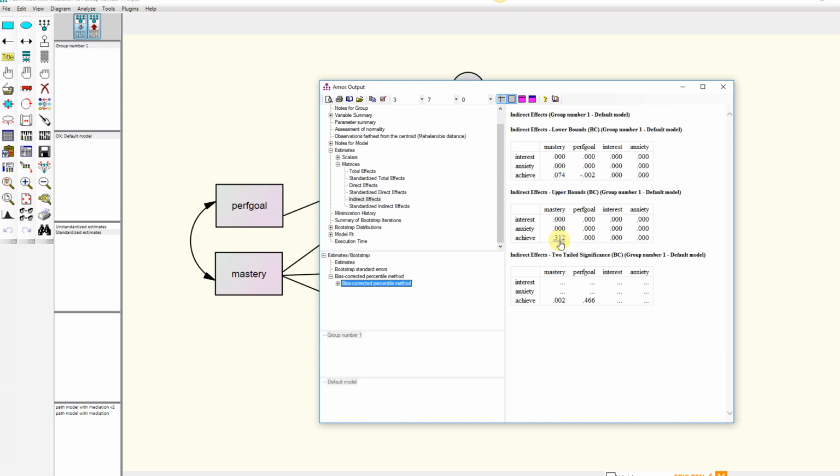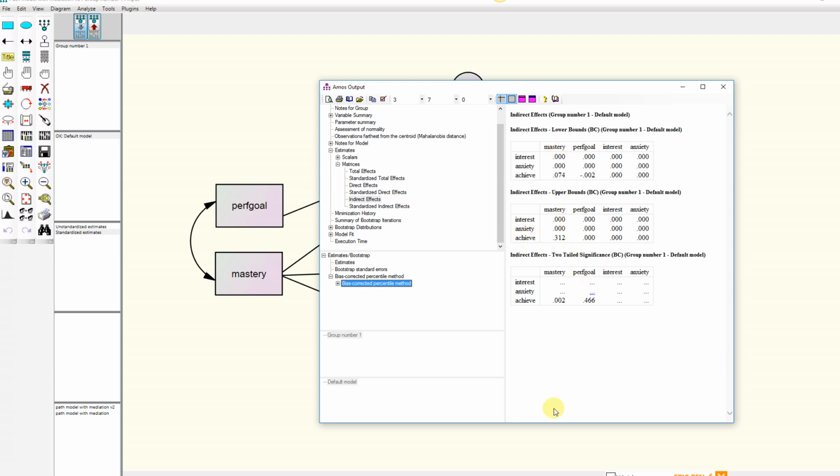If the null hypothesis for the indirect effect is that it is equal to 0, and 0 falls between the lower bound and the upper bound, then the null hypothesis would be retained, in which case we would say that the indirect effect is not statistically significant. In this case, 0 falls outside of these two bounds, so we would infer that the indirect effect of mastery on achievement is statistically significant.